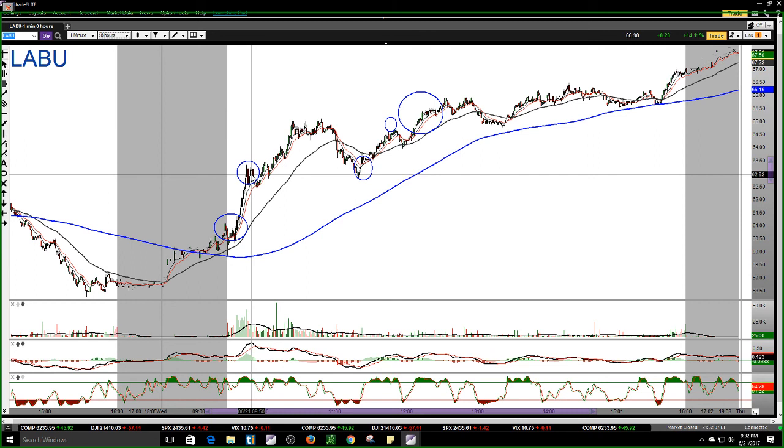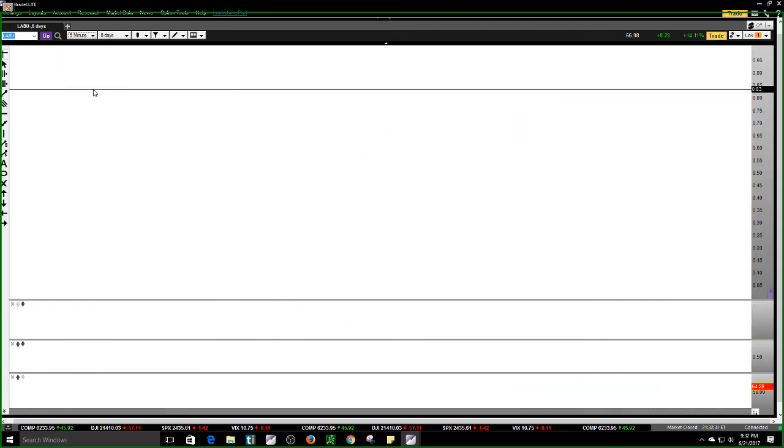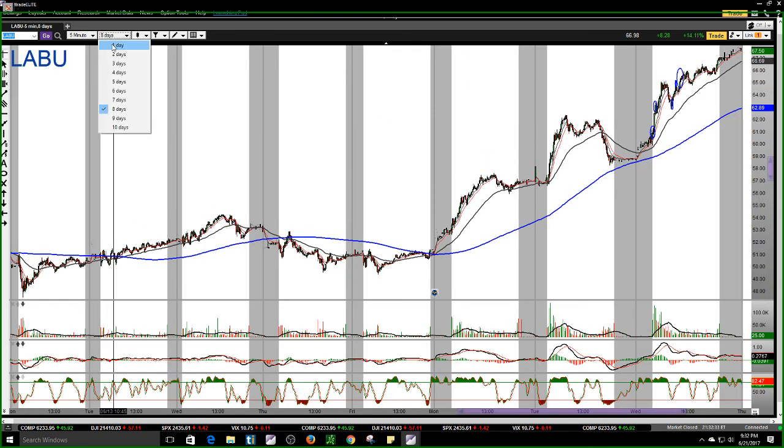You're here to try to make consistent gains so that you can provide for your family and do what you need to do in life. Now, if you feel more comfortable doing that with a smaller time frame, of course you can do that, and I don't see anything wrong in that. I don't ever feel like it's wrong to do that, but I feel like there's a bigger potential in a lot of trades.